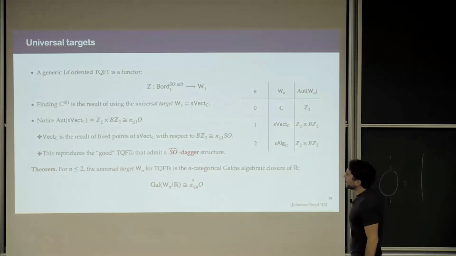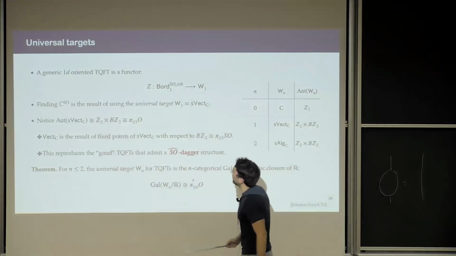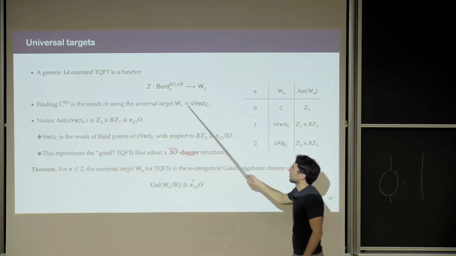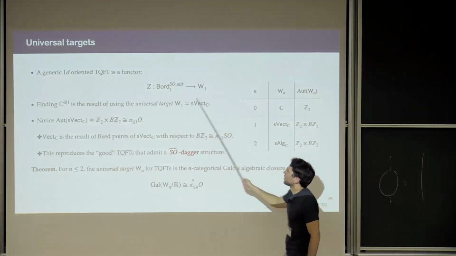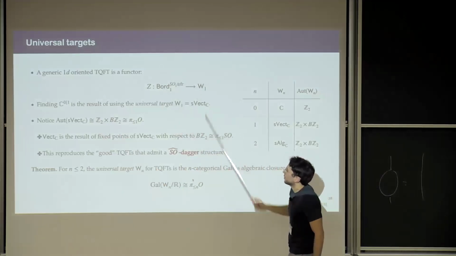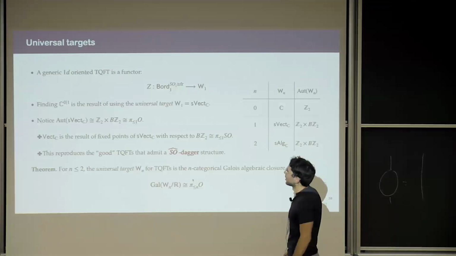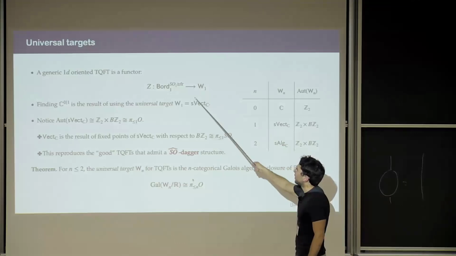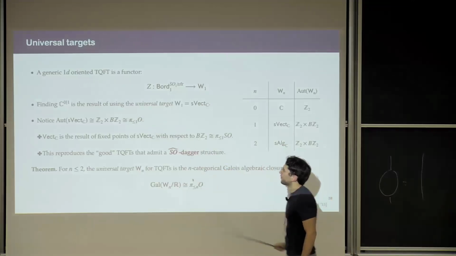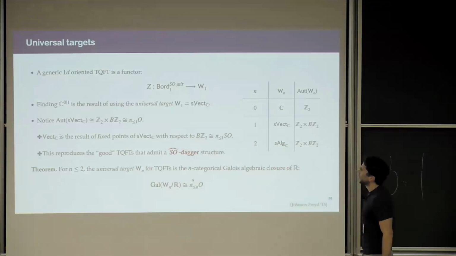Well, it turns out that the existence of C01 as a bosonic theory comes from the fact that you're using as target of your TQFT the universal target of one-dimensional TQFTs, which is literally the most generic target that you can possibly put in trying to define a TQFT like this. Now, if we look at the automorphisms of this kind of category, what we find is essentially the stable orthogonal group, truncated because of the dimension of the category you are working with.